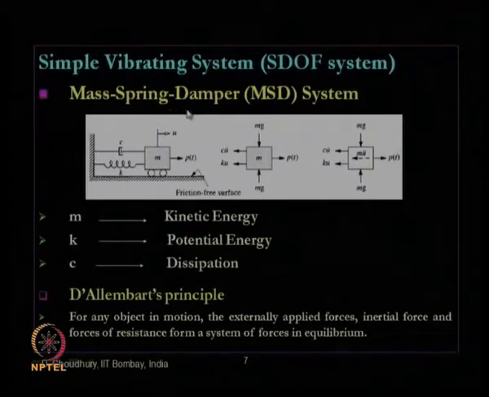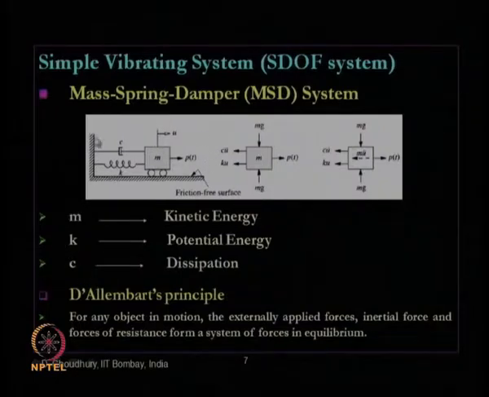In this MSD system, mass represents the kinetic energy, spring constant K represents the potential energy of the system, whereas the damper or damping constant C represents the dissipation or loss of energy. If there is no loss, we can represent a simple vibrating system only by using mass and spring, that is M and K, but if we want to take care of the loss of energy also, then it will be M, K and C.